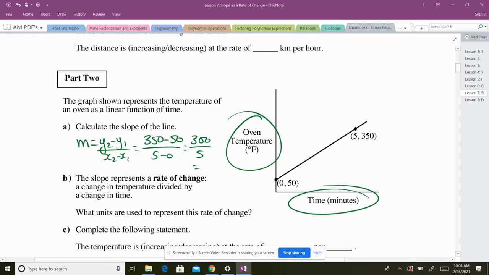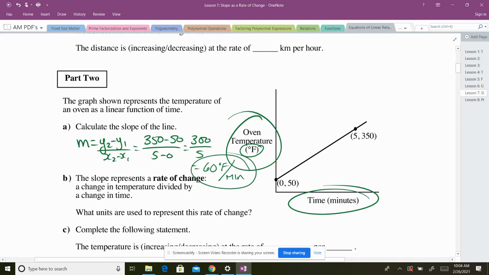Anybody know what 300 divided by 5 is? 60. Okay, what are my units? Fahrenheit per minute, right? 60 degrees Fahrenheit, the y values, over the x values, which is minutes.